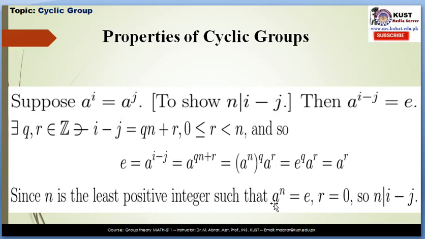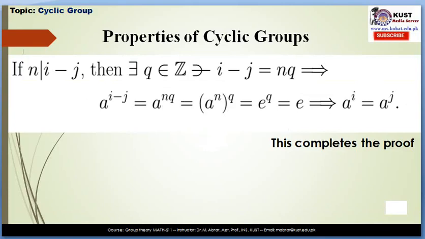Because n was the order, if a^r is also producing this e, it simply means that r is nothing but 0. So if we replace here 0, then it means i minus j is qn.